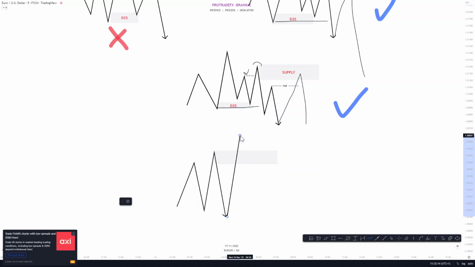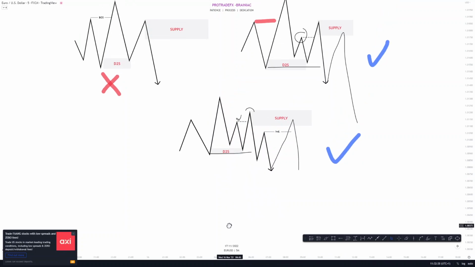That means now our supply has failed, and we'll be looking to take a trade off the demand. And in this case, it is referred to as a supply to demand flip, right? Because now the supply has failed and the demand is totally in control.